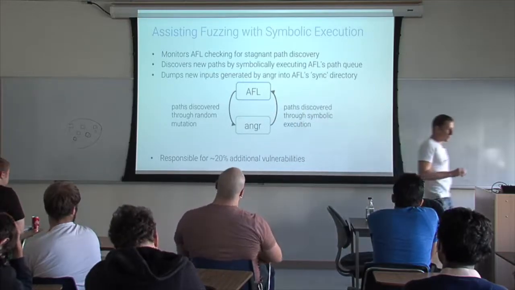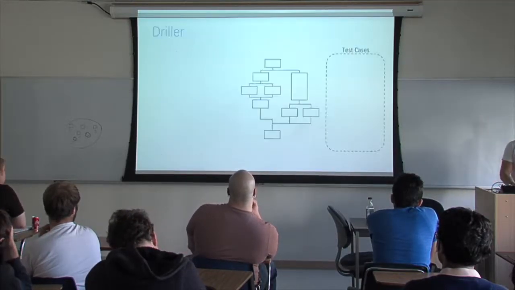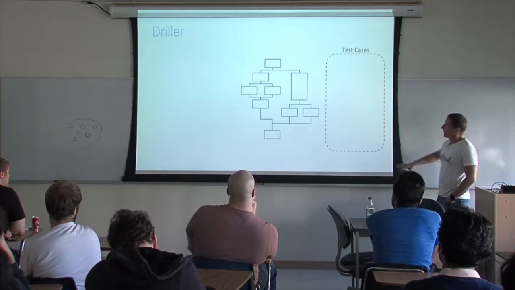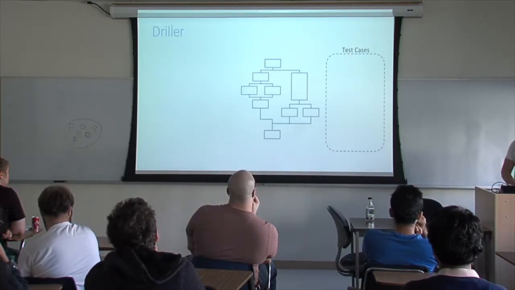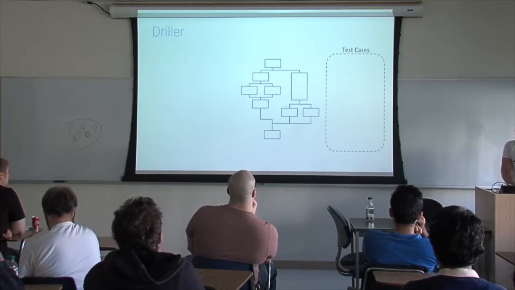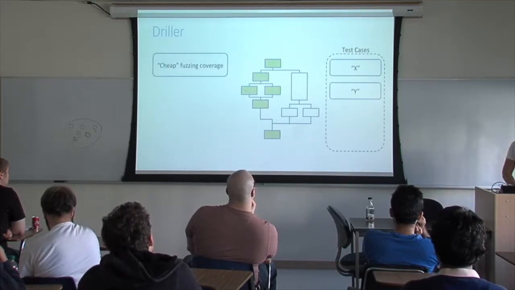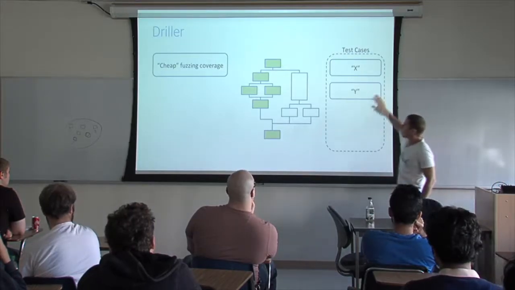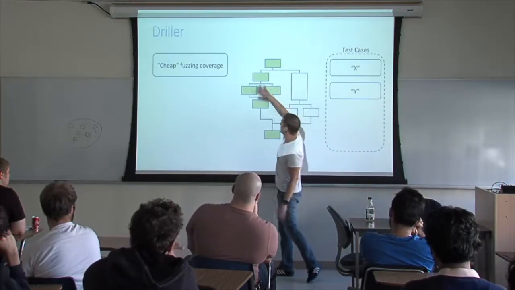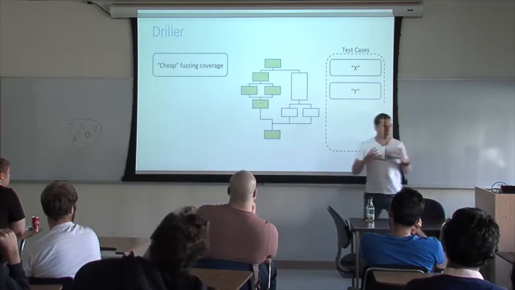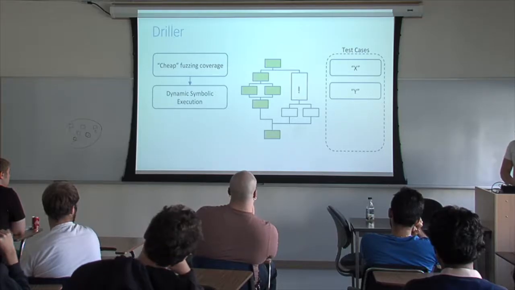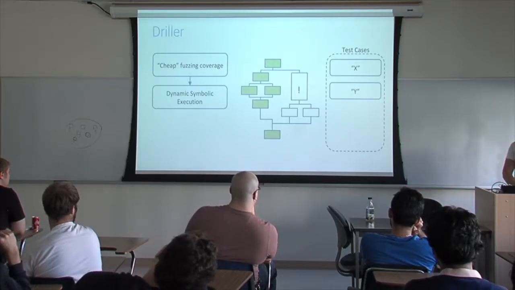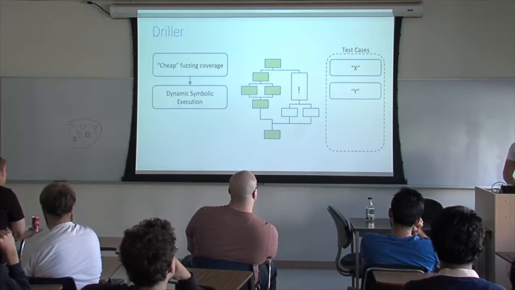So more graphically, imagine that you have something like this, and you start, this is a tool that is called Driller, and of course we wrote a paper on it. But the basic idea is you have something like this, and the initial cheap fuzzing gives you all this stuff. You have X and Y, and you cover all these parts of the program. We call them compartments. But then, you cannot get in the other part, and so you engage the turbo drive, which is the symbolic execution.